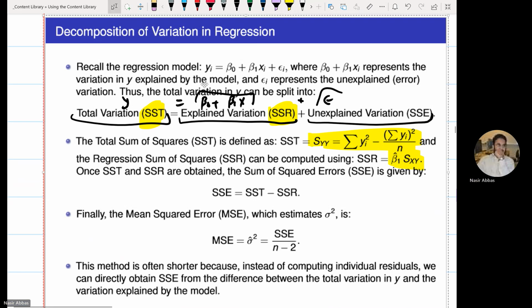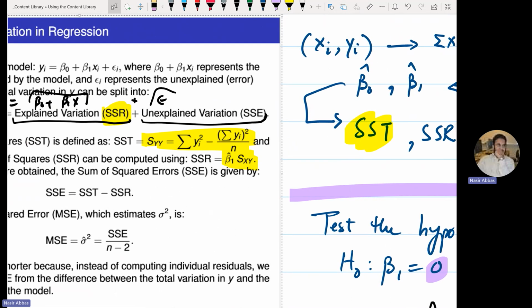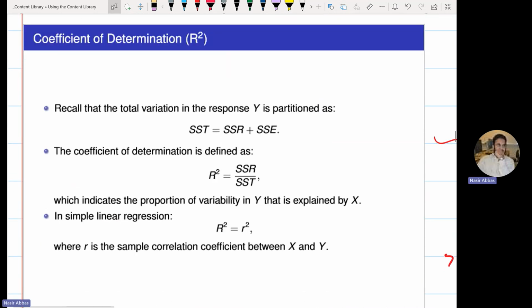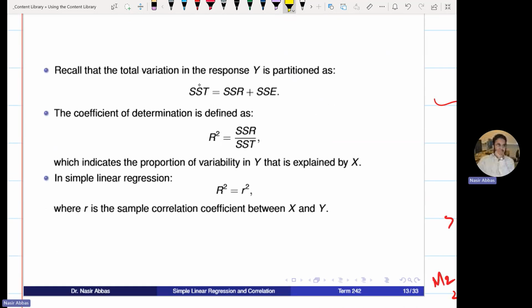Clear? Now, this equation also leads you towards another concept. Now, we have this equation that the total variation in y is equal to the variation explained by your regression plus the variation not explained by your regression. And can you guess what is the abbreviation for SST?